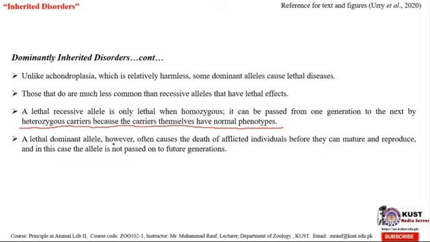Now, a lethal dominant allele often causes the death of the afflicted individual before they can mature and reproduce, and in this case the allele is not passed on to future generations.